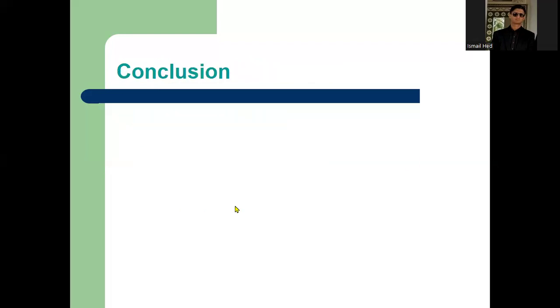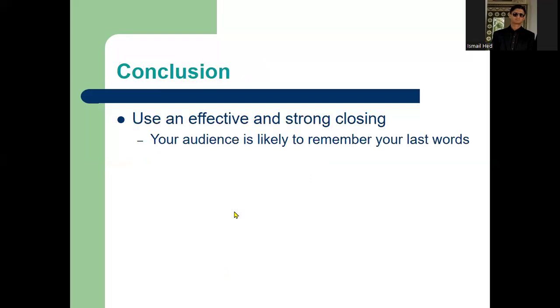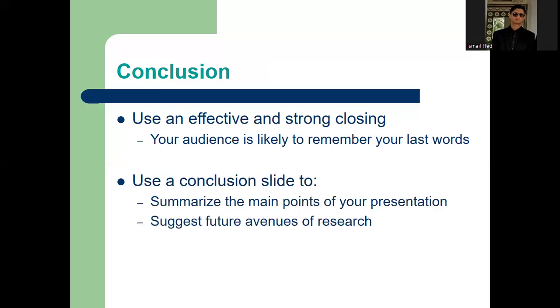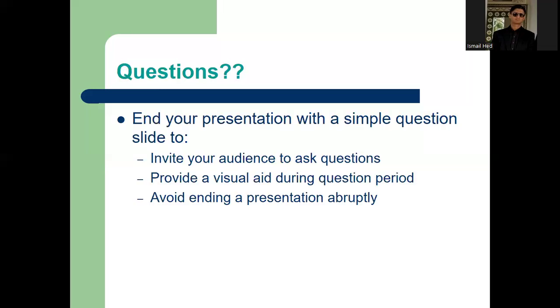Next is the slide related to the conclusion. Use effective and strong closing remarks. Your audience is likely to remember your last words. Use a conclusion slide to summarize the main points of your presentation. Suggest future avenues of research, and then the last part of your presentation should be a question and answer session.